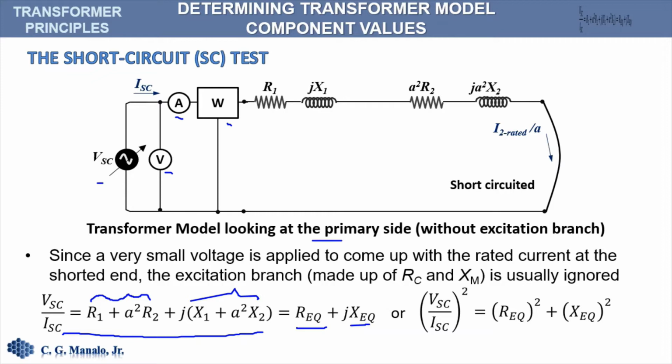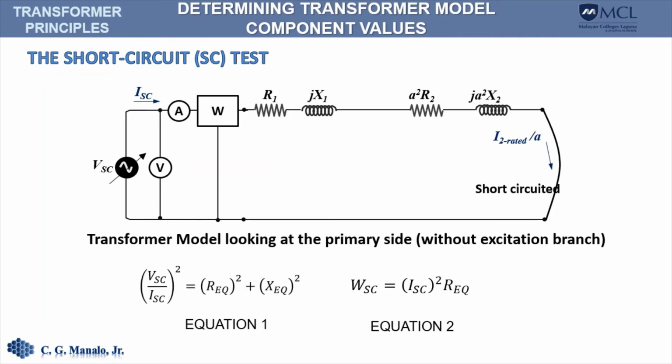Using the magnitudes of the phasors, we can actually write this relationship to determine Req and Xeq. We need another equation, and that will come from the reading of the power.